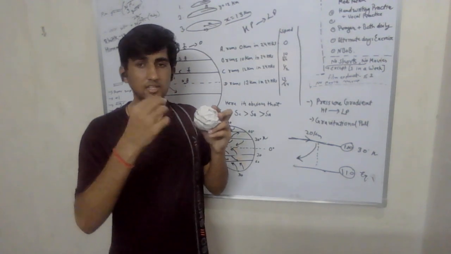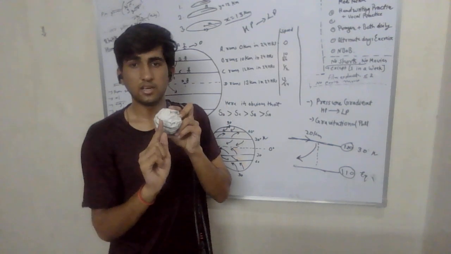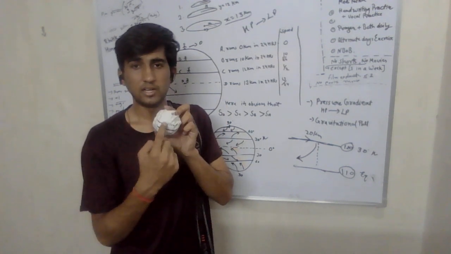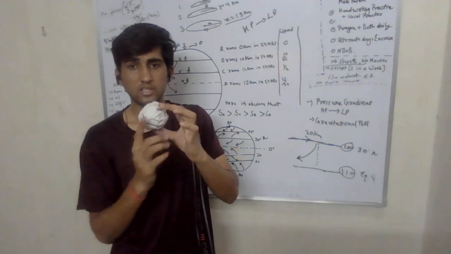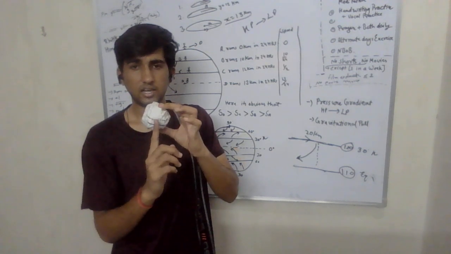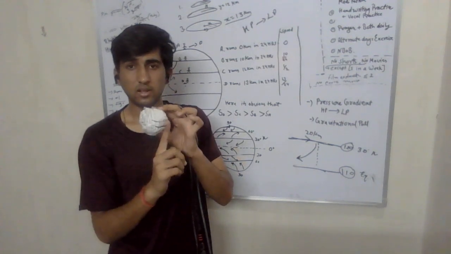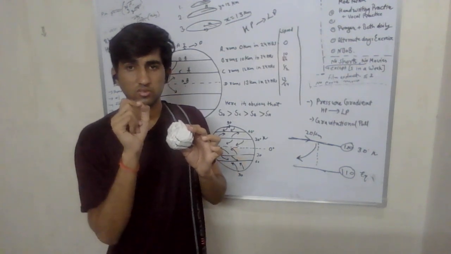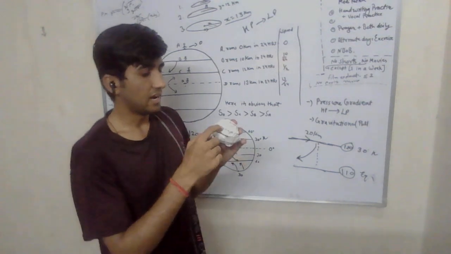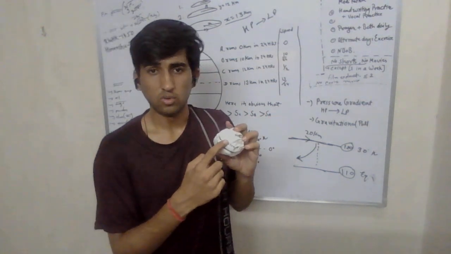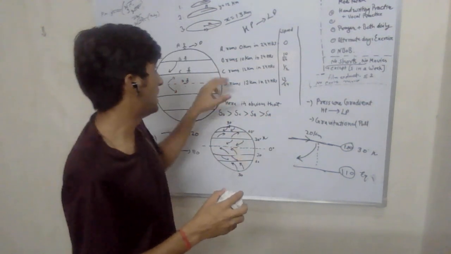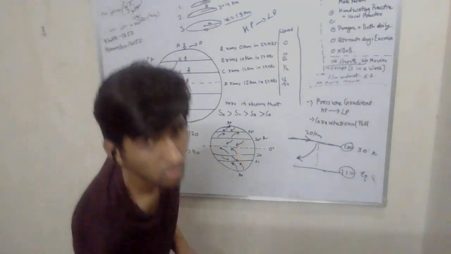Like, let us suppose this particle is air and this is our latitude. So when the earth rotates around its axis, the air molecules rotate as well with the speed of the earth. Like, the particle at the 30-degree latitude will have a speed of, let's say, 20 kilometer per hour.